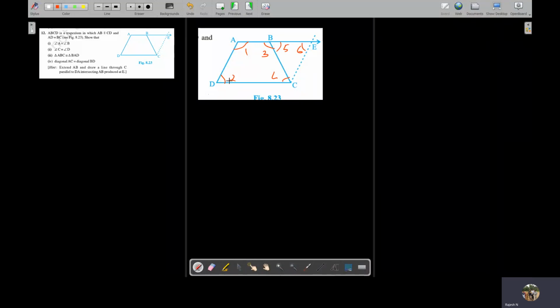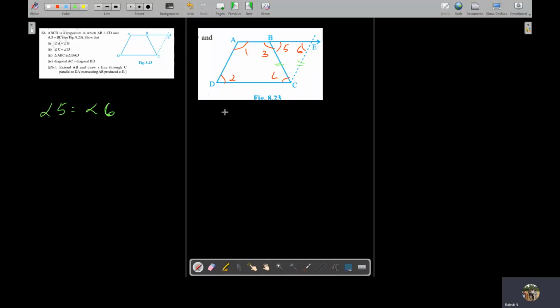AD is equal to BC. If you draw a line parallel to AD, then these two sides are equal. So that means angle 5 is equal to what? Angle 6. If two sides of a triangle are equal, then the angles opposite to those sides are equal. So 5 is equal to 6.